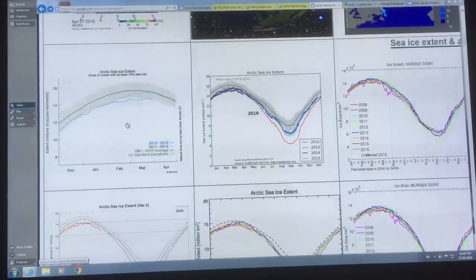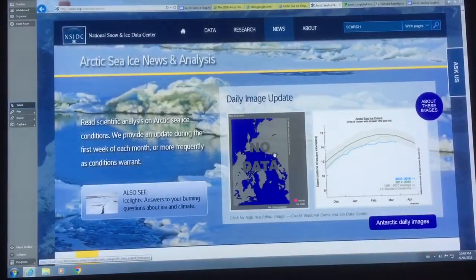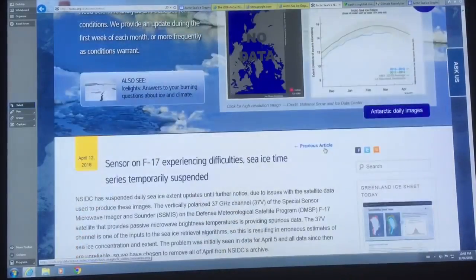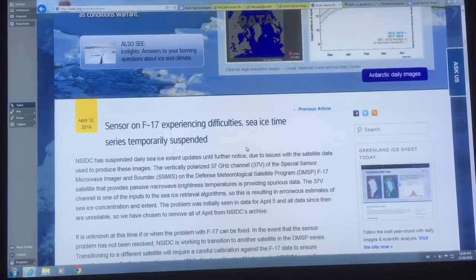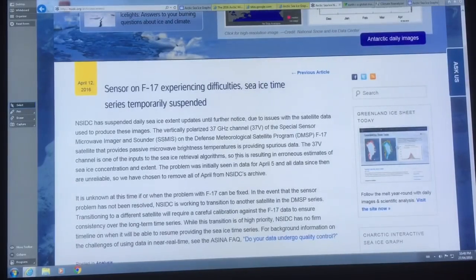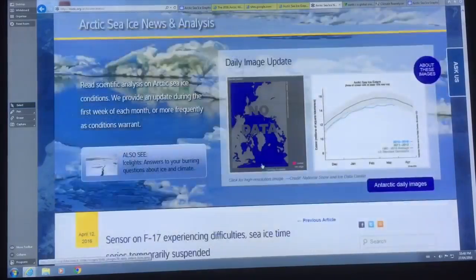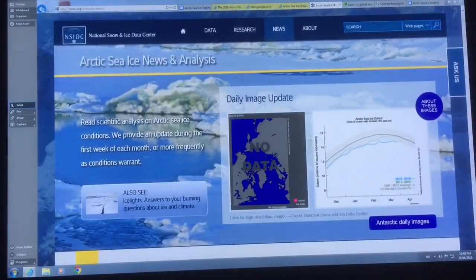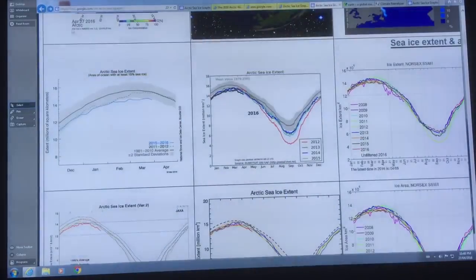This is the National Snow and Ice Data Center. Now, the problem with this particular data from the National Snow and Ice Data Center is that they had a sensor that was experiencing difficulties, so they suspended the time series. This happened on or about April 5th, and they're working to fix that problem.